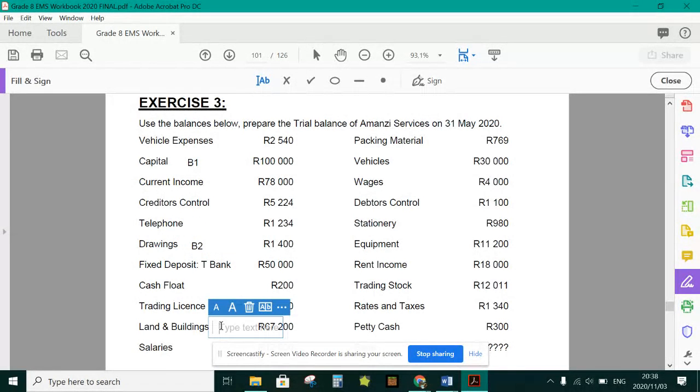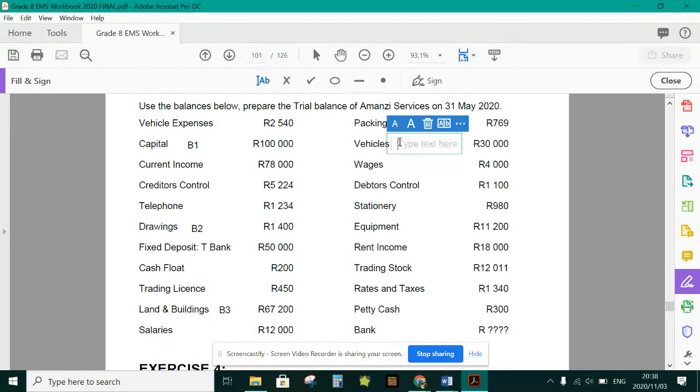Yes, land and buildings, B3. Do we have vehicles? Yes, vehicles would be B4. Do we have equipment? Yes, that will be B5. Then we look for our current assets. Trading stock, not trading license, trading stock, that is B6. Do we have debtors control? Yes, that's B7.